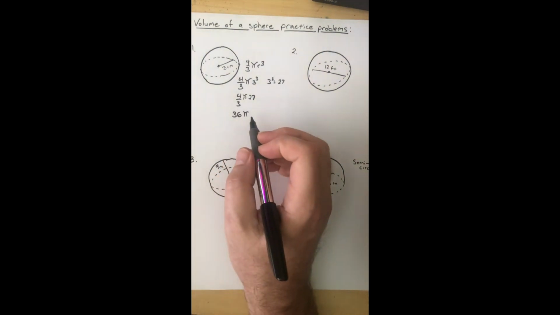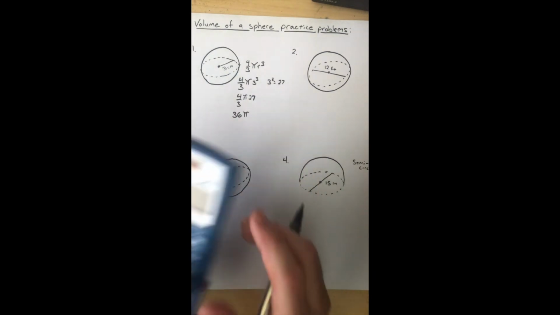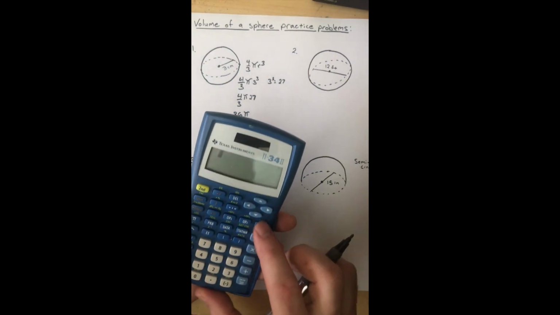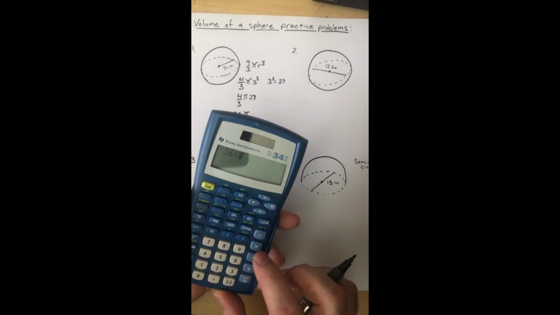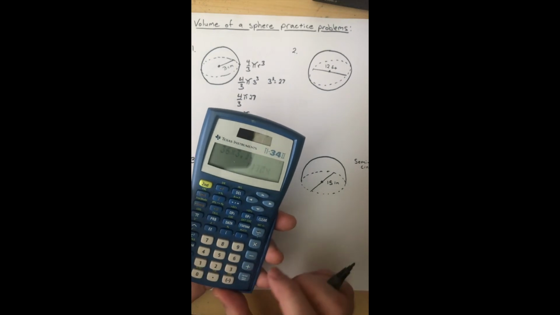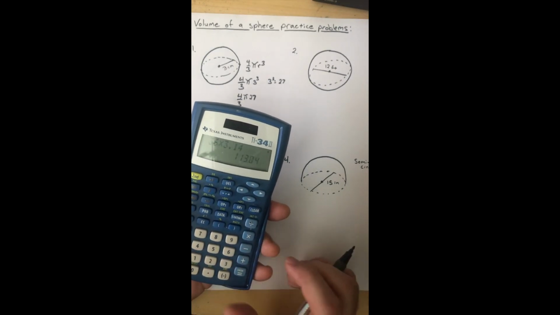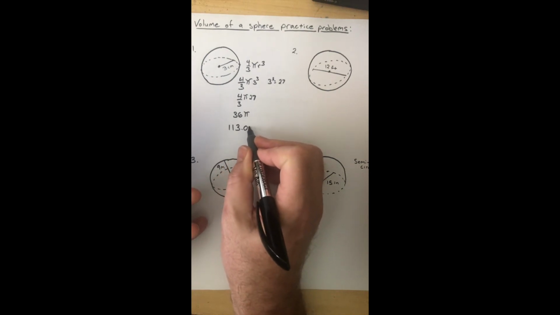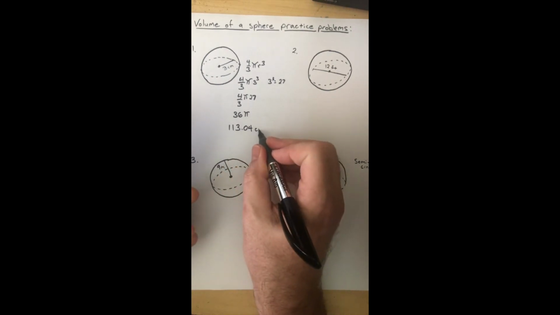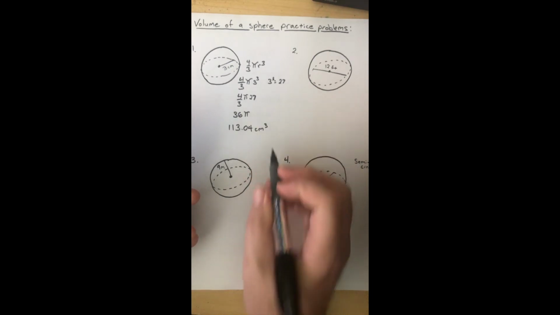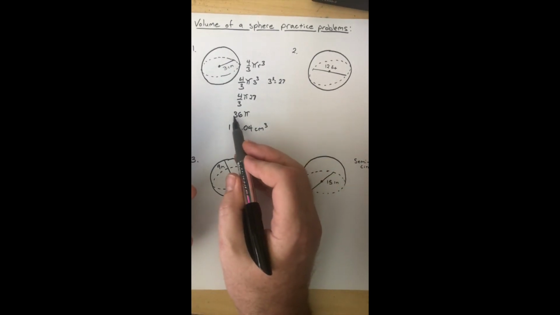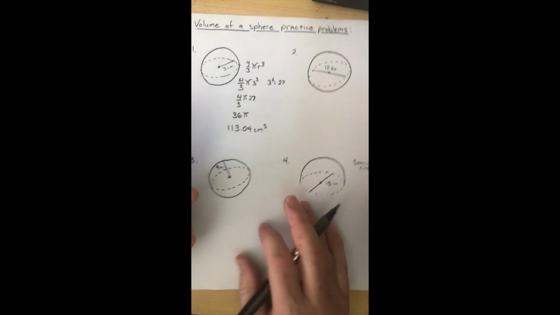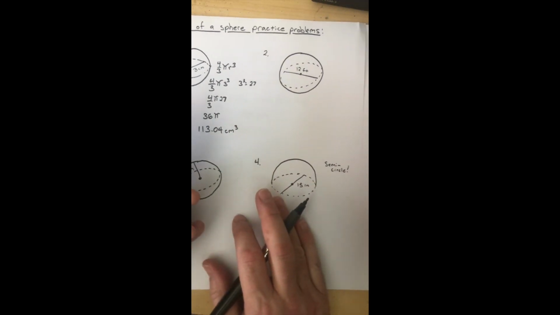And that's why I like to work them out by hand, because that's the only way I know if I'm right. So 36 times 3.14 is 113.04, and that's going to be centimeters cubed. As you can see, just having an estimate first makes it work out so much better.